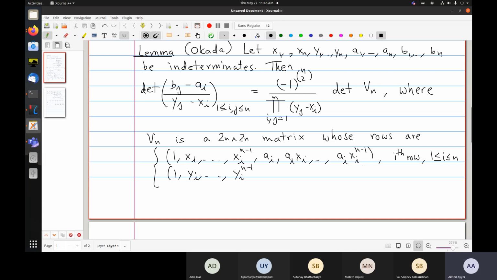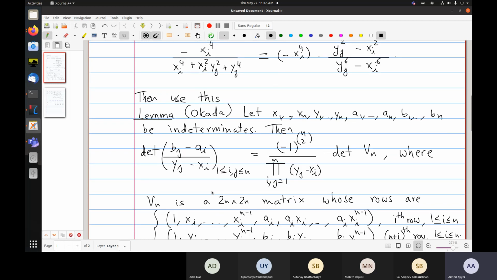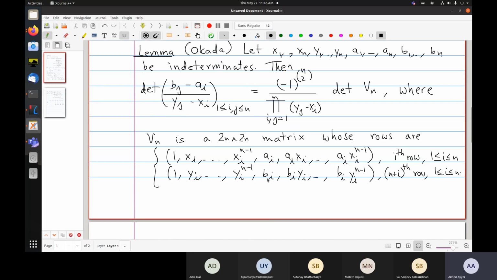So it has to have 2n elements, remember, because it's a 2n by 2n matrix. So the first n rows are in this form, and the second n rows are, as you can guess, the same things with a replaced by b and x replaced by y, for the n plus ith row. Okay. So this is what it looks like.